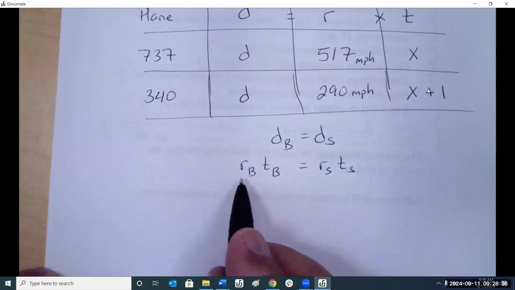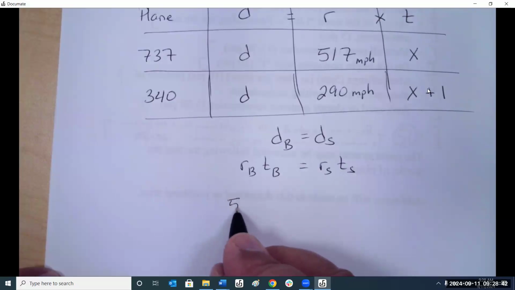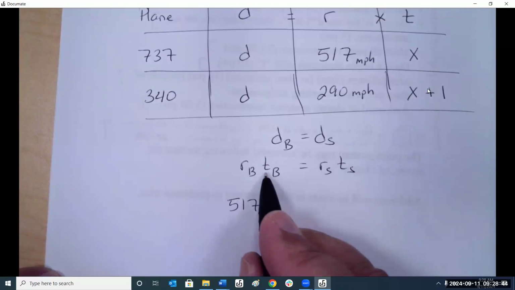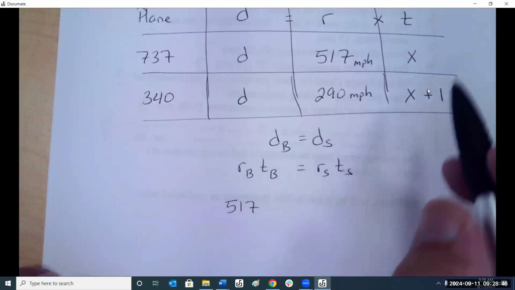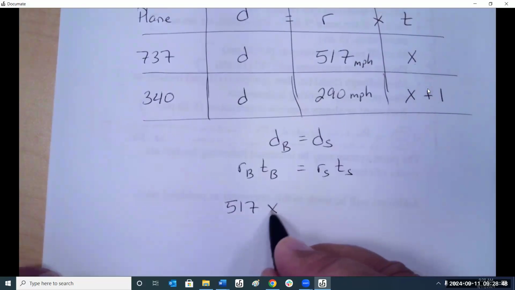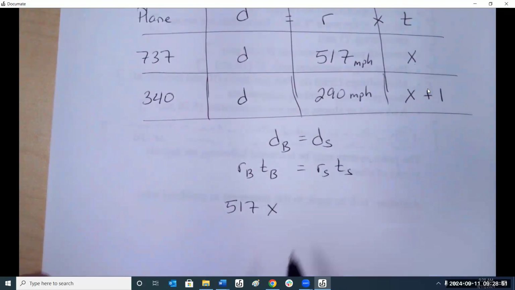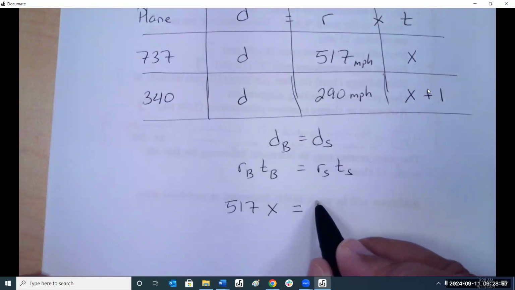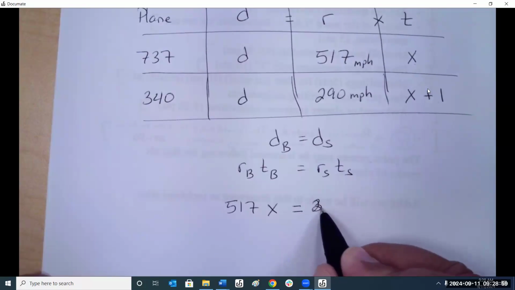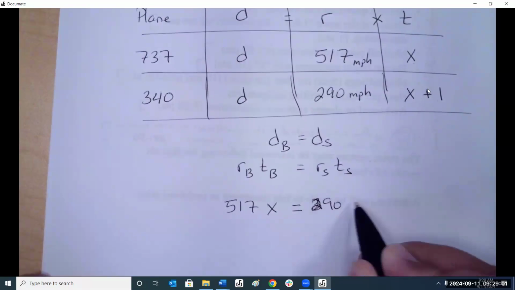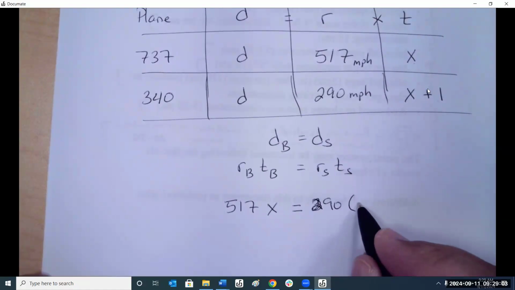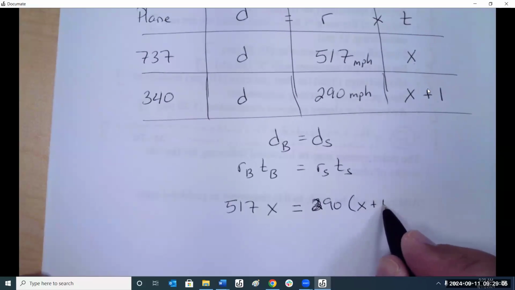So what is the rate of the Boeing? 517. And the time? We don't know, we just put X. So it's 517X, is equal to the rate of the Saab, which is 290, and its time is X plus 1.